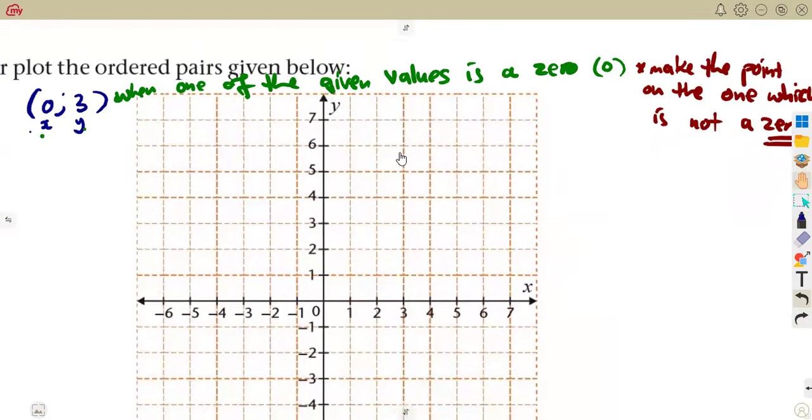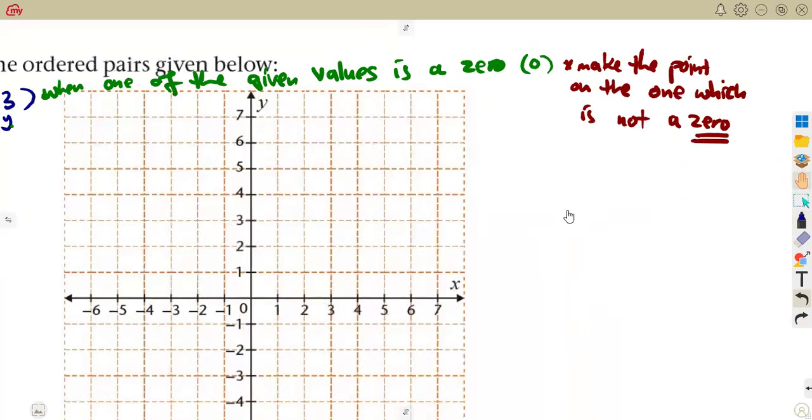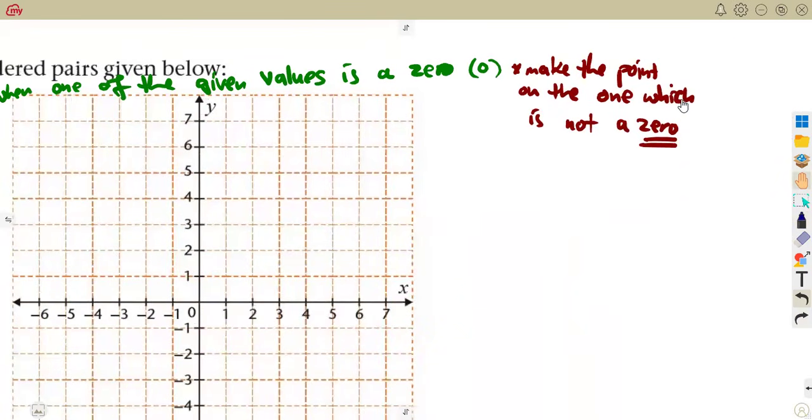You are not going to use the concept that I was using before. If the point is (0, 3), we saw that x is 0 here, y is equal to positive 3 here. So how are they going to meet like this? Where are we going, guys? You'll be confused in terms of your presentation. So to avoid this, I said you mark the point on the one which is not 0.